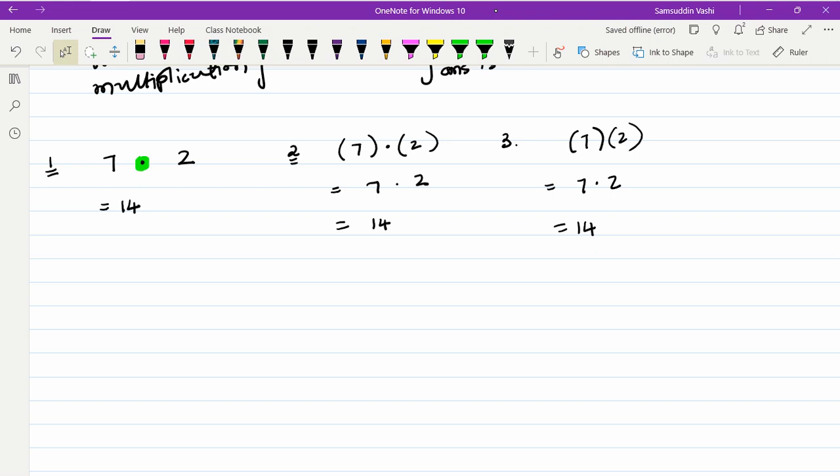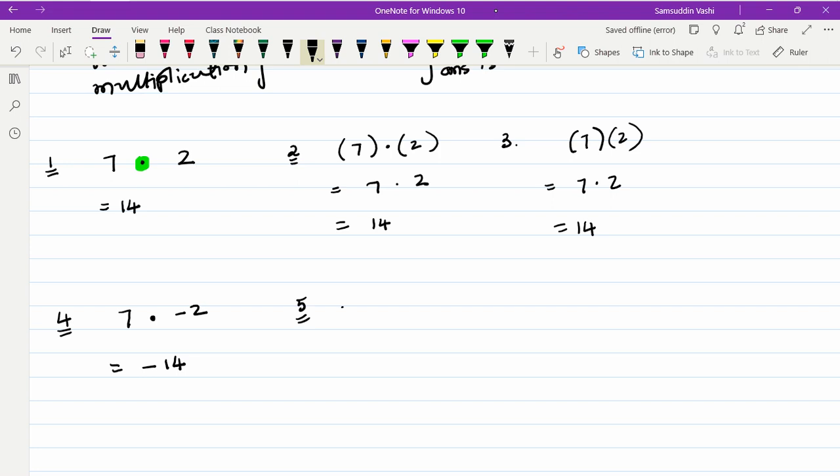Okay. I'm going to bring the negatives in now. Example 4. 7 times negative 2. So it's one negative now. All right. So my answer is negative 14.